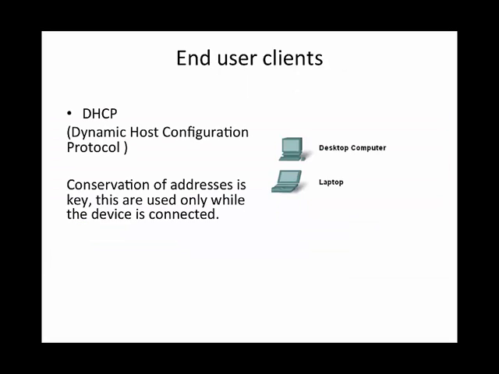So first of all, the end user clients are addresses that cannot be given manually or statically for laptops, computers, mobiles. You wouldn't want in a network to give each of all of the computers on the network an address. And if all the computers are connected at the same time, they will all have a different address. So for this sake, DHCP, Dynamic Host Configuration Protocol, was created.